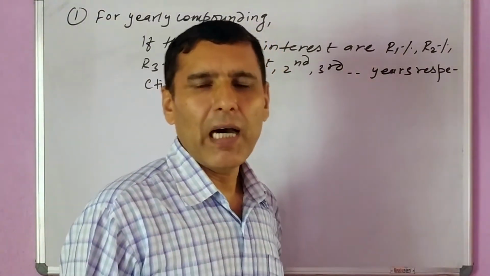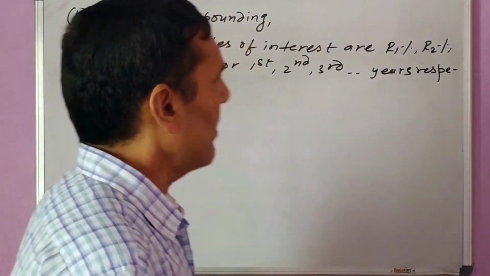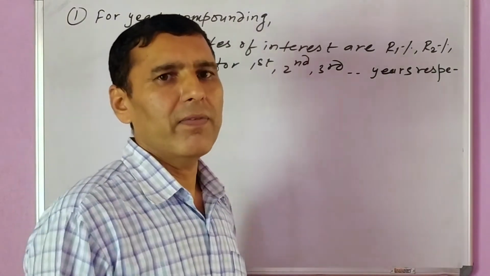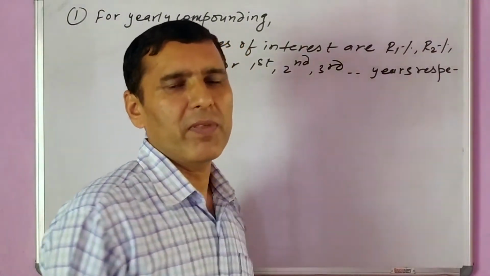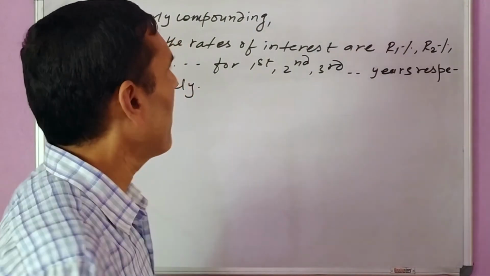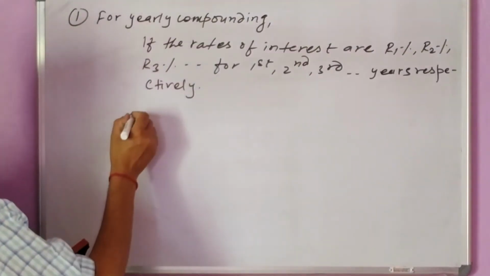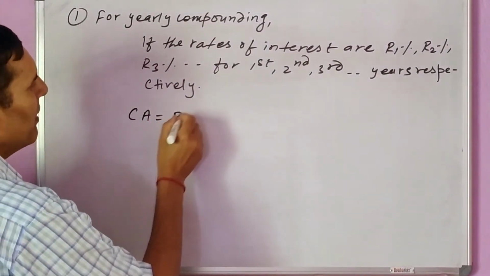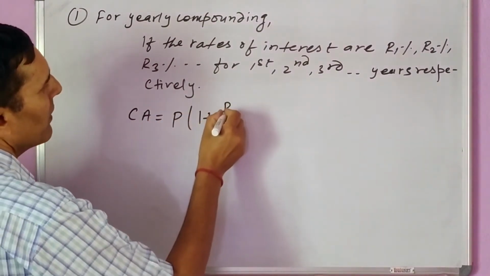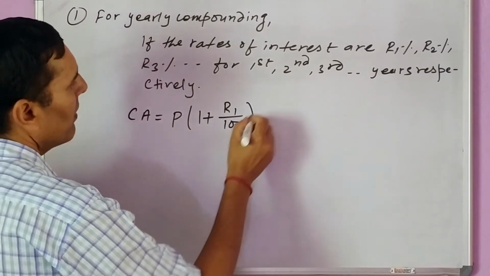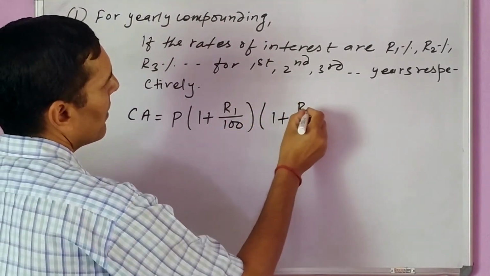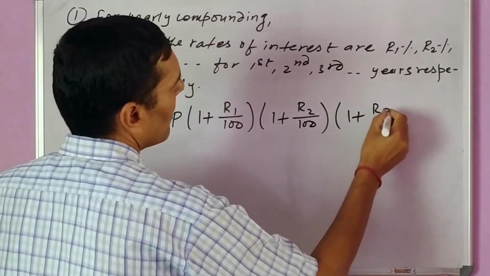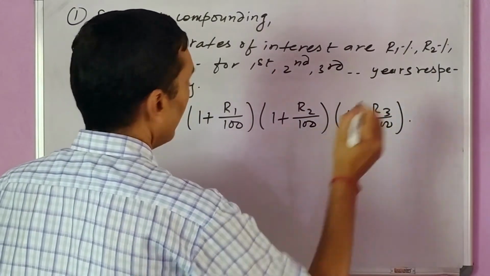Let it be R1% in the first year, R2% in the second year, and R3% in the third year. If we have a different rate of interest for different years, then we use this formula to calculate the compound amount. C is equal to P times (1 plus R1 upon 100), (1 plus R2 upon 100), (1 plus R3 upon 100), like this.